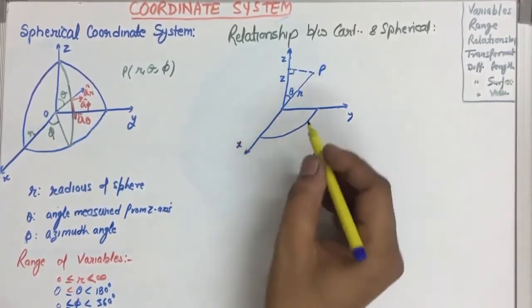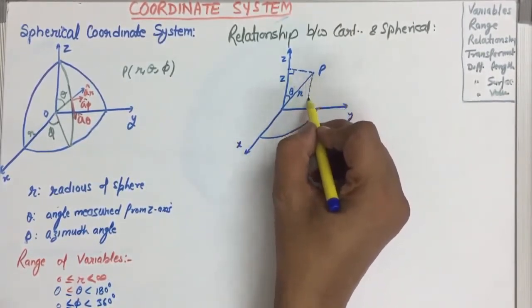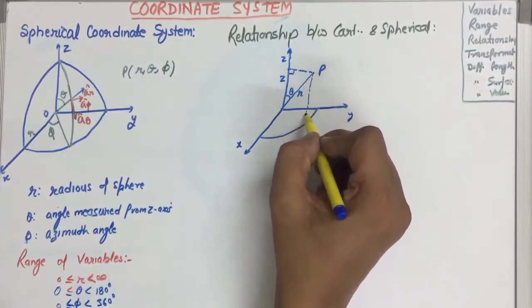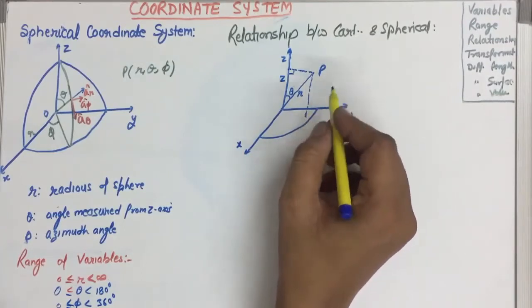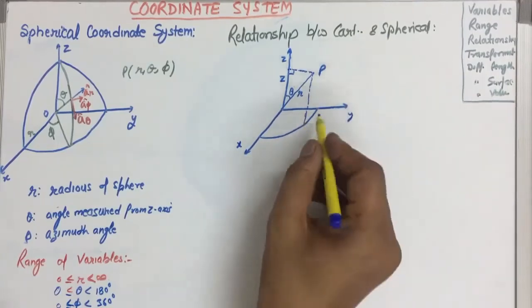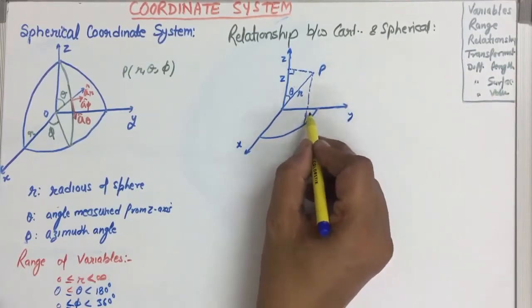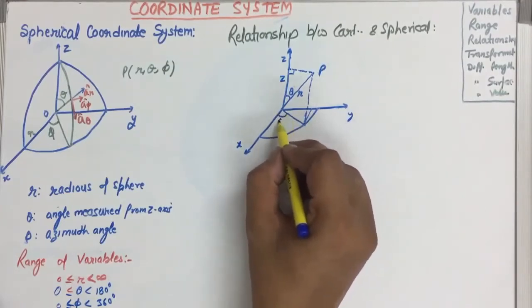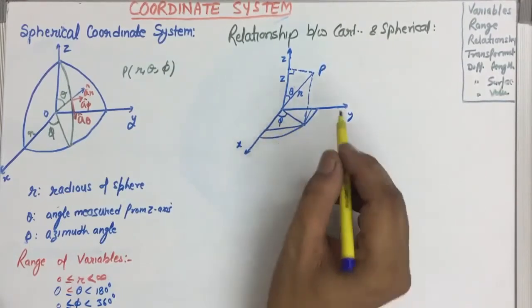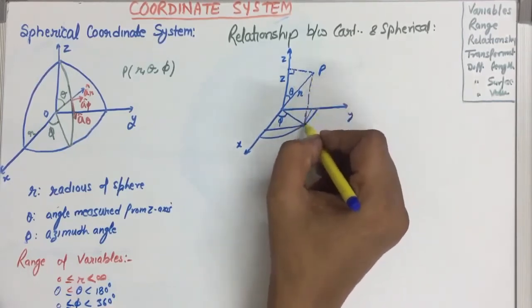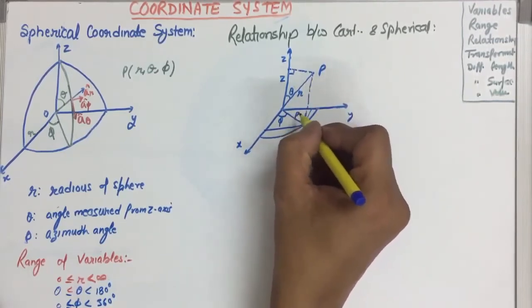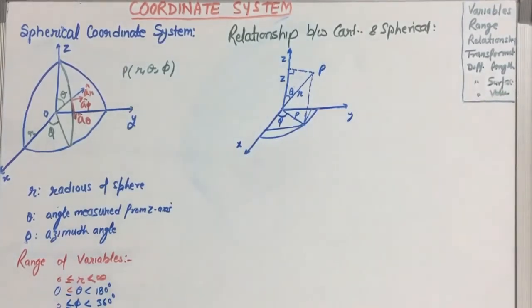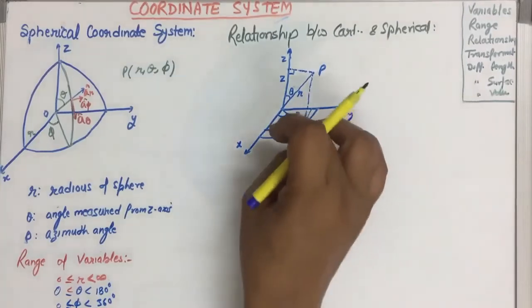and the projection of this at angle phi, the projection of this on the xy plane, will be at a distance rho from the center, and this is the angle phi.